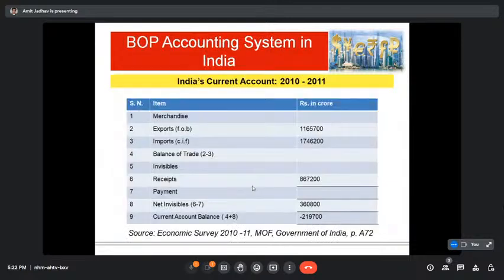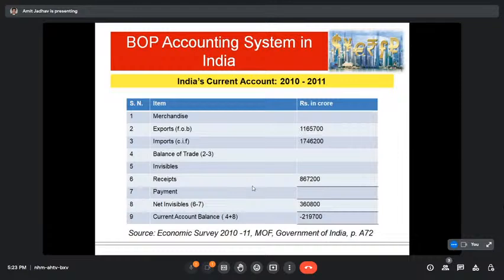Here we see one example of a balance of payment. In the accounting system, we have India's current account balance in 2010-11. This is the current account balance, so we have only export and import, and the figures are given there. India is exporting some amount of commodities and importing some amount of commodities. But when we see these figures, India's import is quite greater than the export.